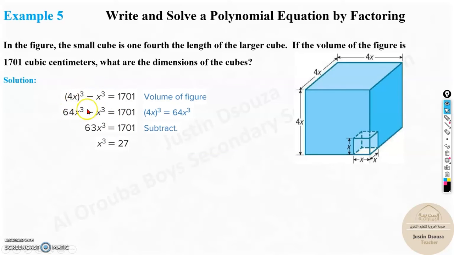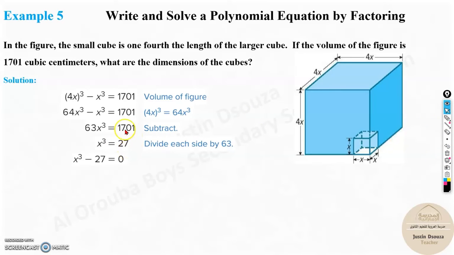4x cube is 64x cube. Now, sorry, you cannot solve with the identity. Here the variables are the same, so you need to simplify. 64x cube minus x cube is 63x cube. Now take 63 to the other side, it'll be 27. You know the cube root of 27 is 3.